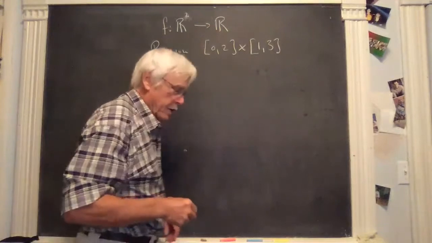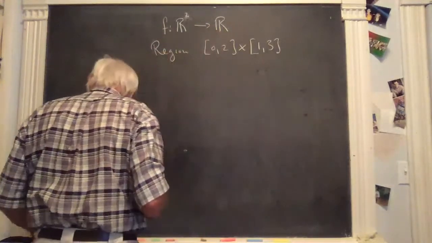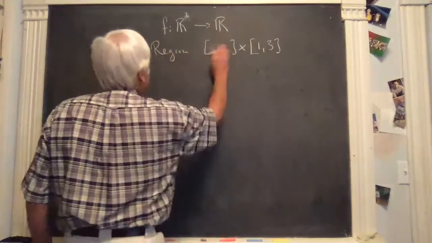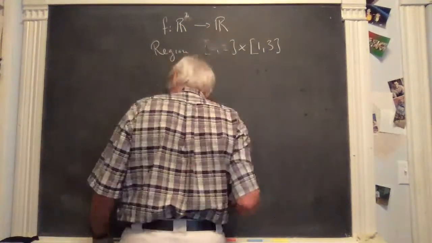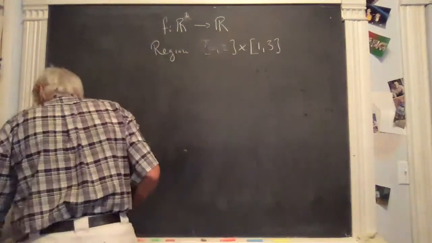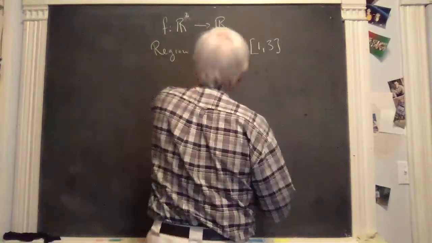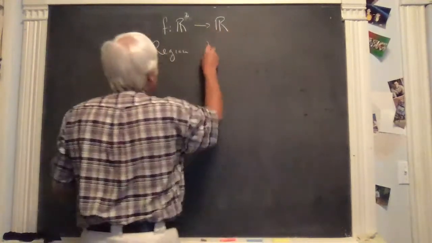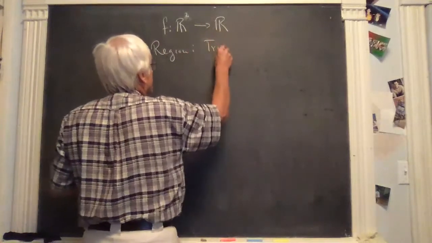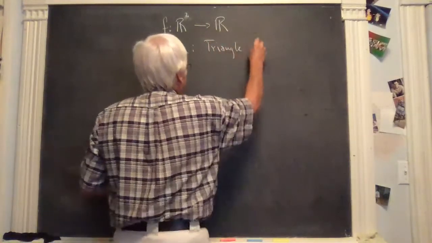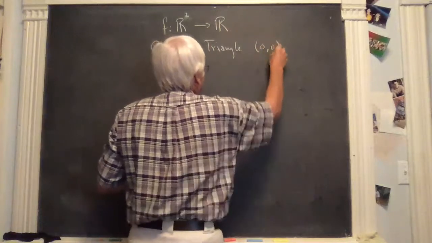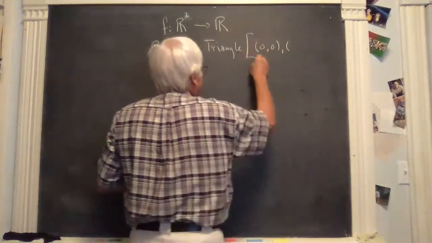So let me change the region from this square to a triangle. And the triangle I'll use, I'll just specify the vertices.